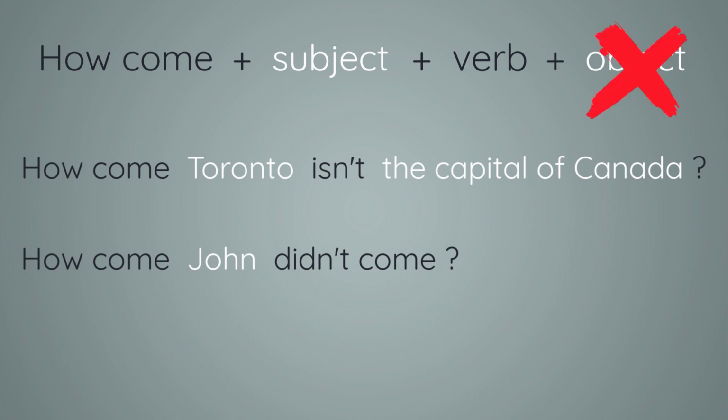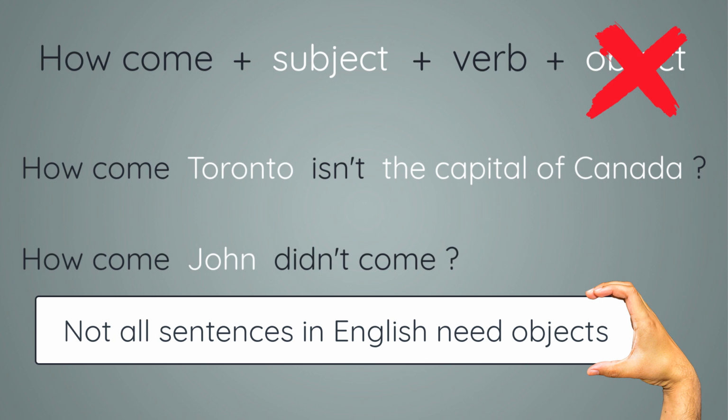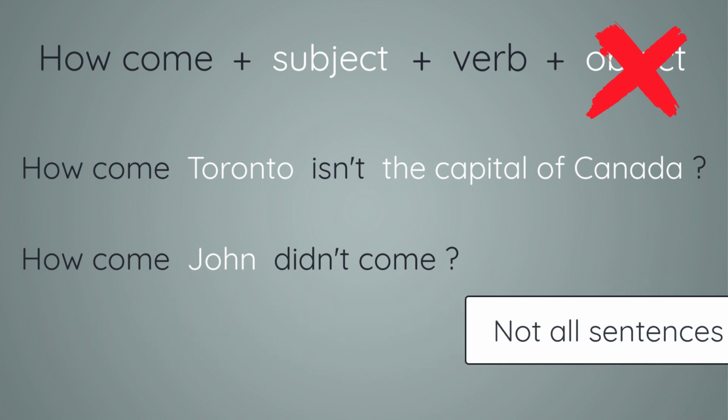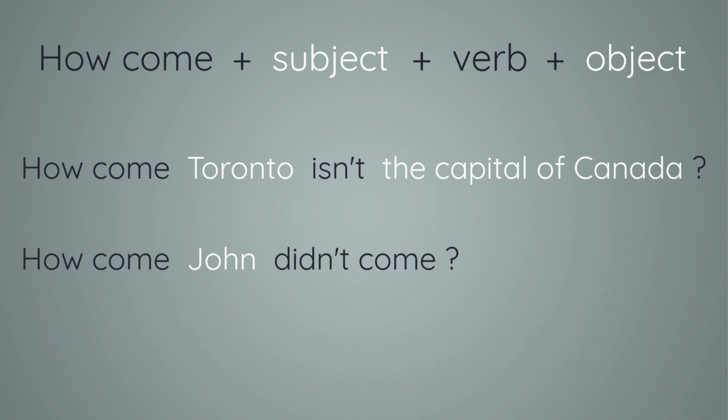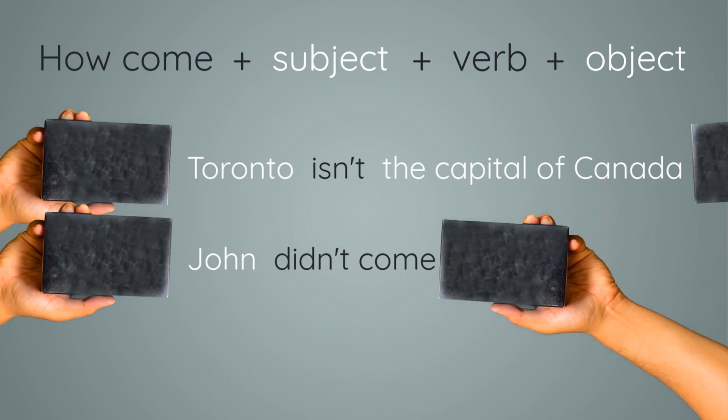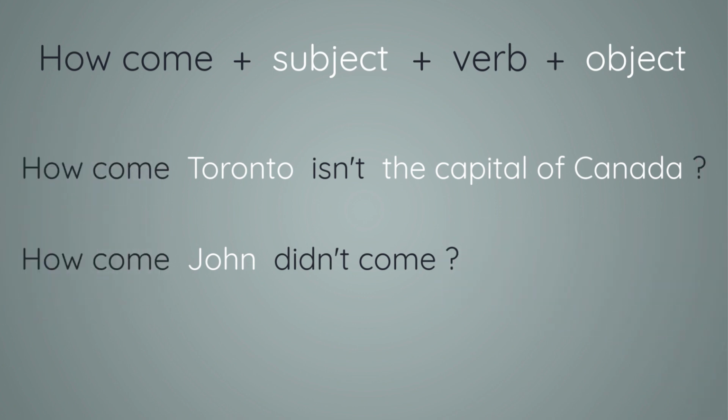This sentence doesn't have an object. Not all sentences in English need objects. The main thing is that you have a subject and a verb. That might be a little confusing for you. The point here is how come is easier than why, because all you need to do is make a basic sentence and you add how come to the front of it, okay?